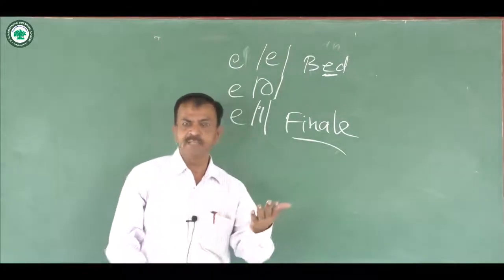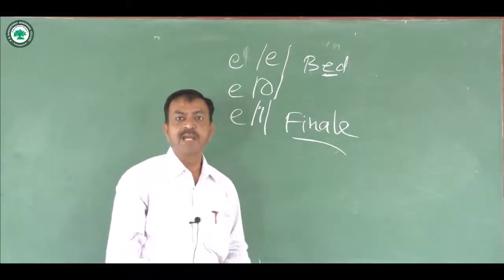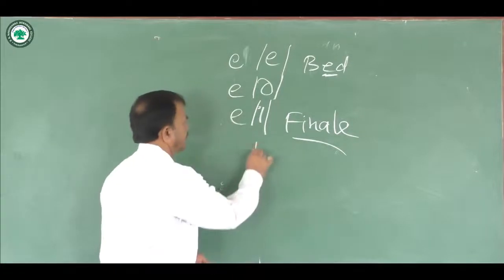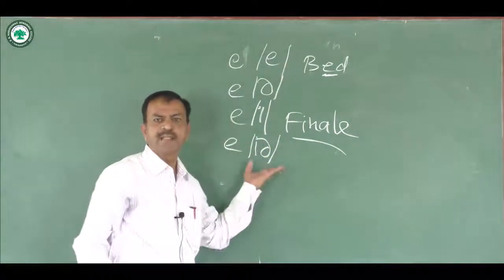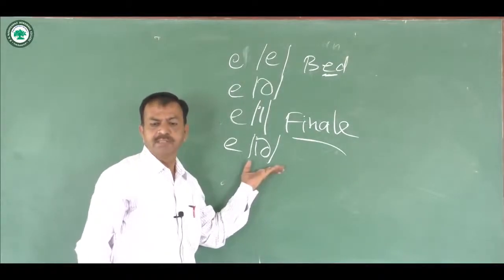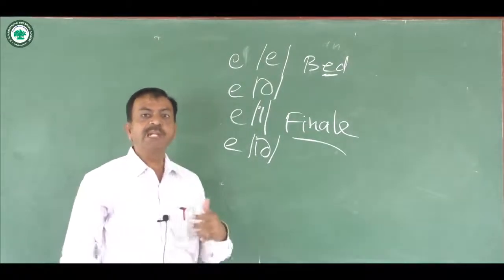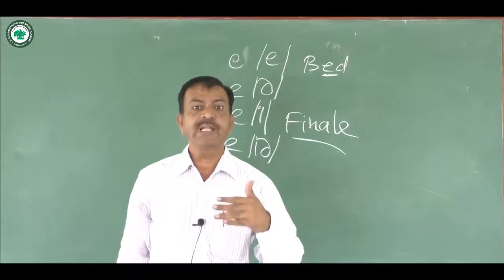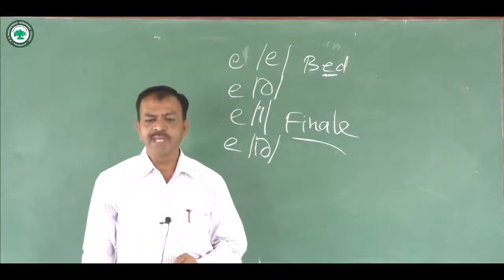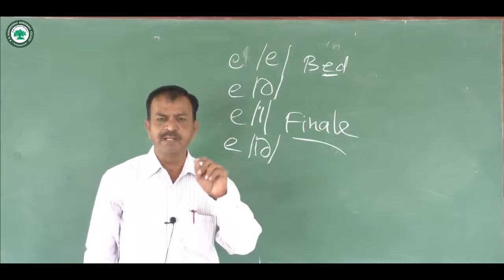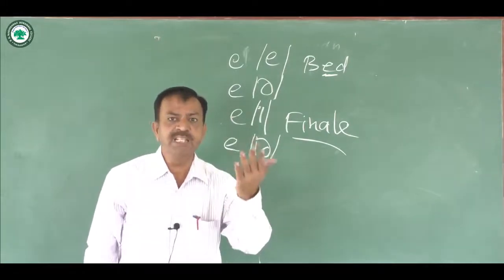The same letter can be pronounced as "ear". So this is the IPA symbol for ear. For example, atmosphere, atmosphere. Here E is pronounced as ear, or mere, M-E-R-E, or sphere.